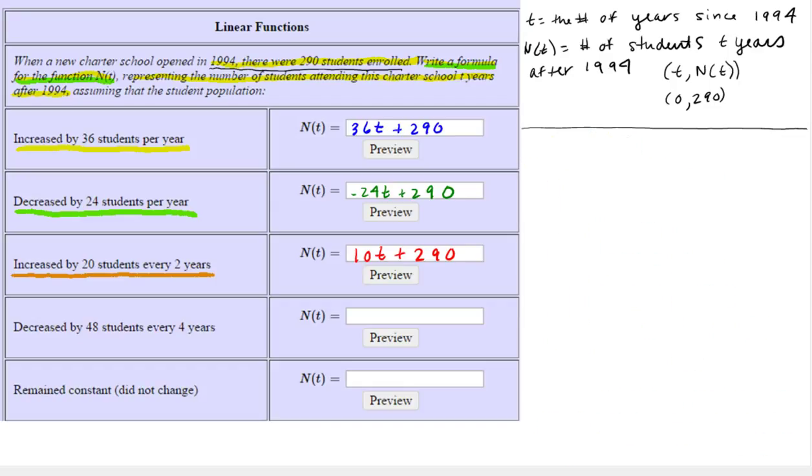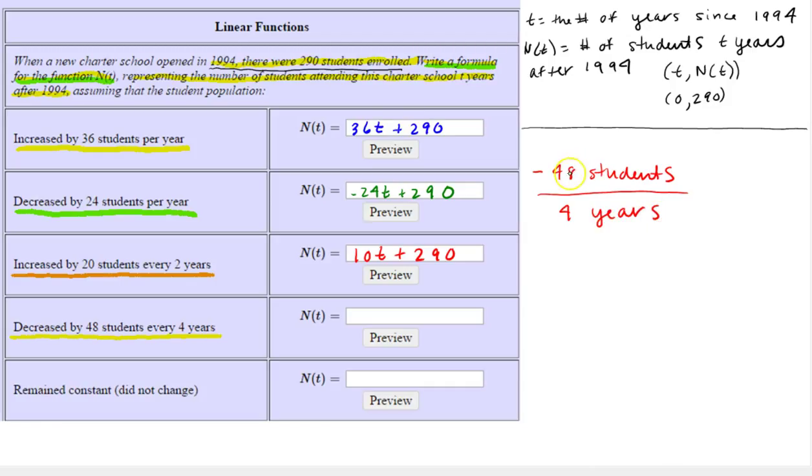So now for the next one, let's see if we could take what we've learned so far. You can still make a table if you want to, but try to move more directly to this formula. So this says decreased by 48 students every 4 years. So decreased by would be negative 48 students divided by every 4 years.